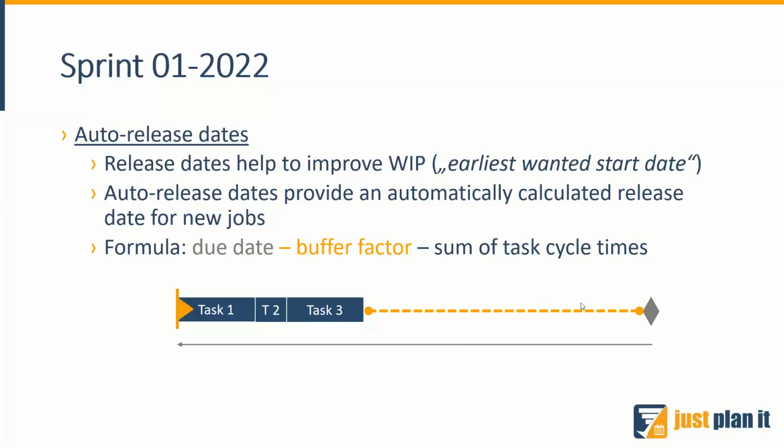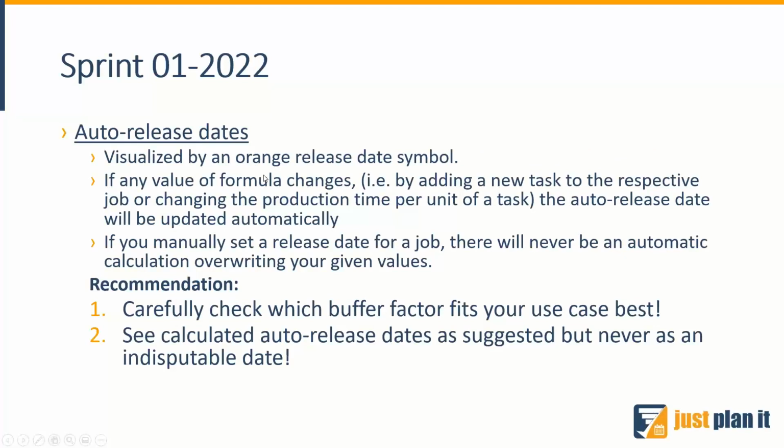Added is a buffer factor that says X time as a buffer, of the amount of total task times. So this duration of the buffer factor plus the portion of the cycle times then leads to the automatically calculated release date. Okay, so that's in general what we had in mind.